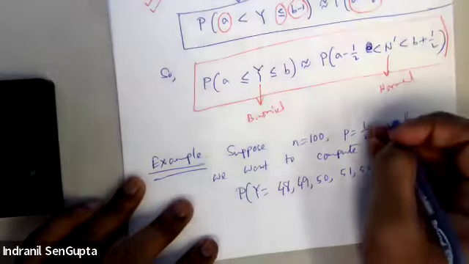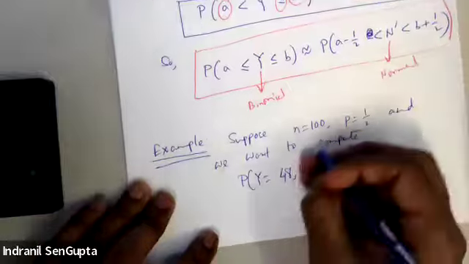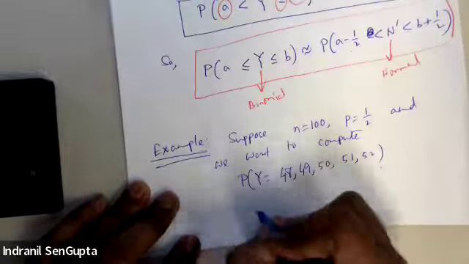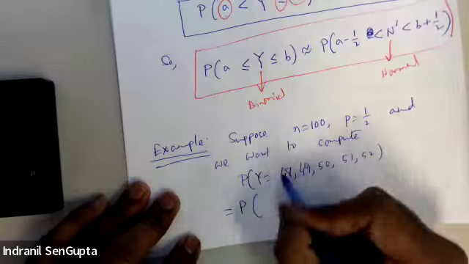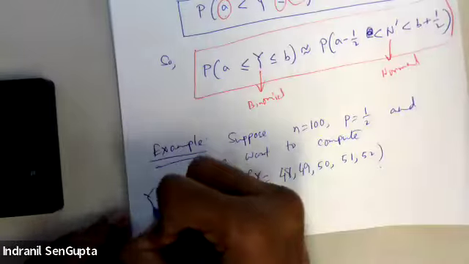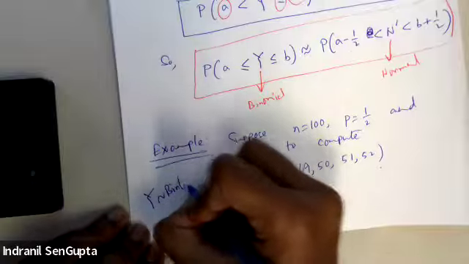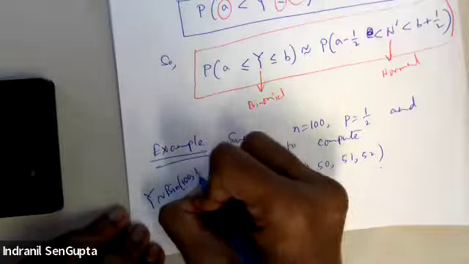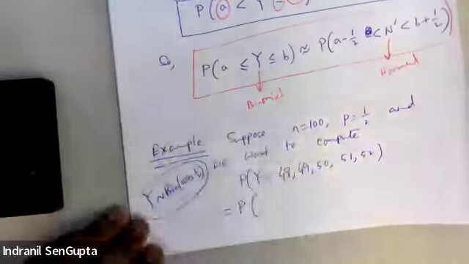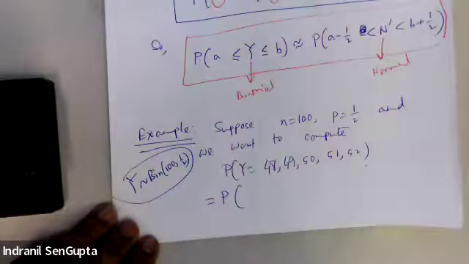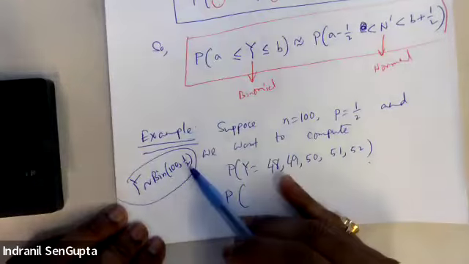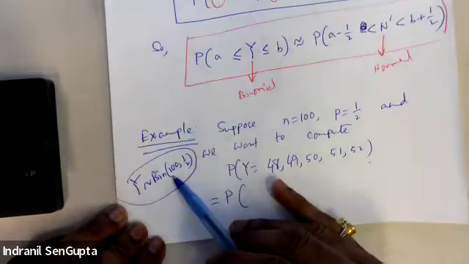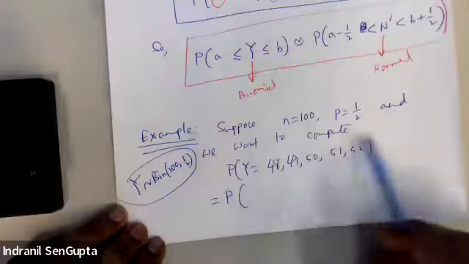Now, y is a discrete random variable, so it's a binomial random variable. So here y follows a binomial distribution with parameters 100 and 1/2, right? You can think of it like you have a fair coin, you are tossing it 100 times, and you are trying to observe the number of heads.